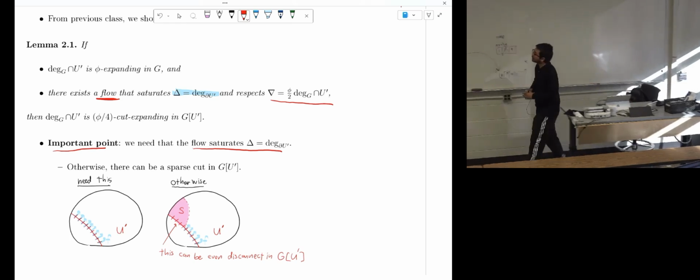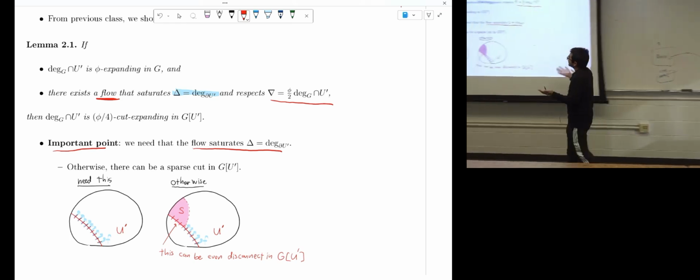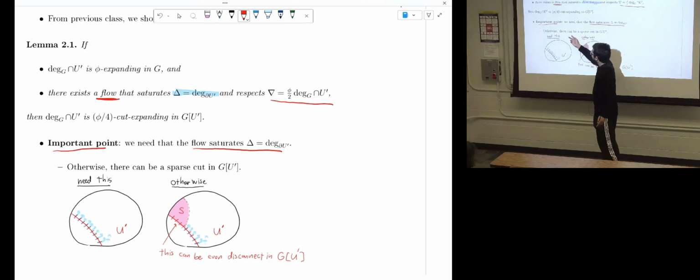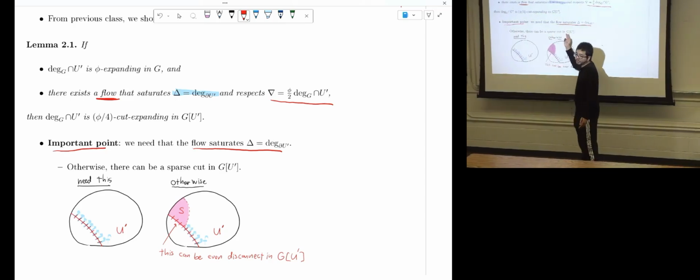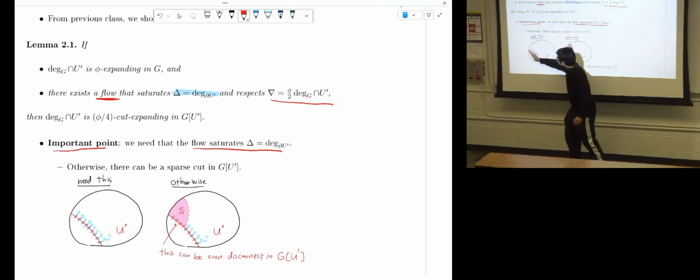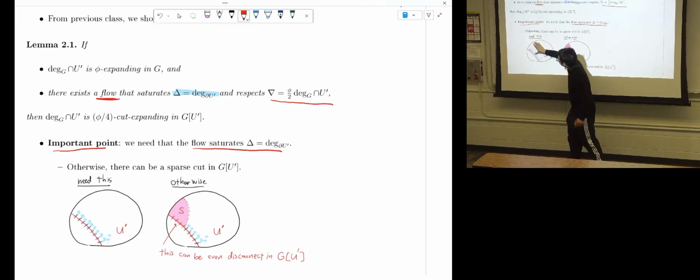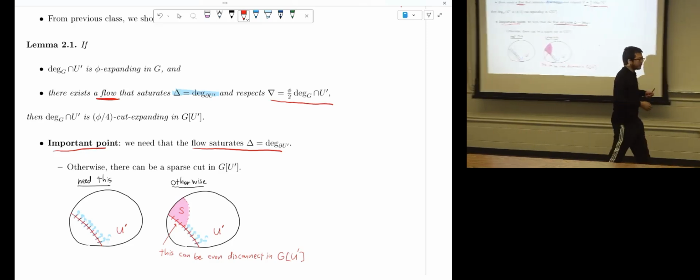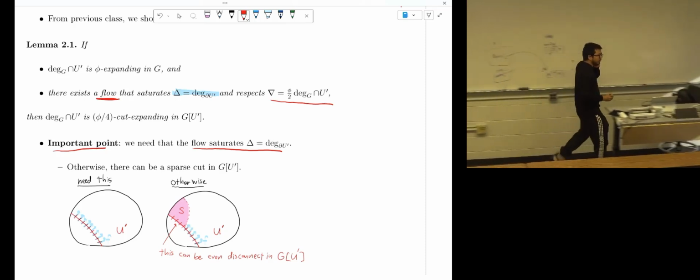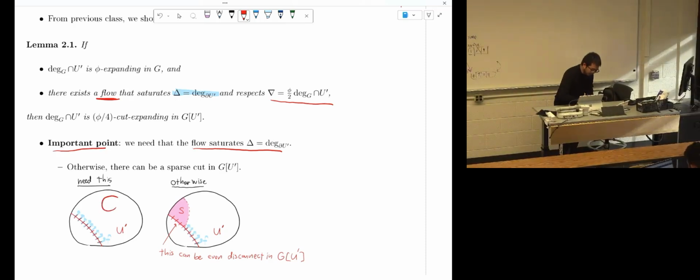And why is that important? Because the intuition is clear. Otherwise, there can be a sparse cut. If you can send flow successfully, if you look at any cut, then it will not be sparse, because if the cut looks like this, it was not sparse before, it's still not sparse.